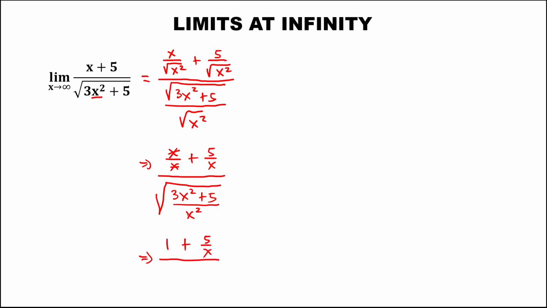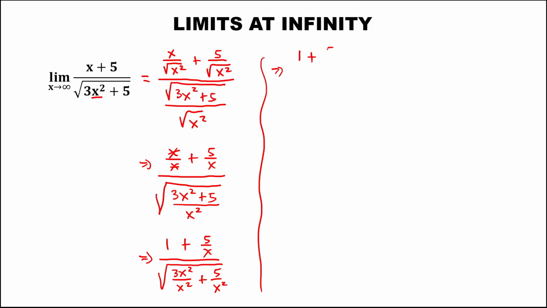So distribute this denominator to every term. So this is 3x squared over x squared, plus 5 over x squared. Then to simplify, we have 1 plus 5 over x, then over the square root. We can cancel this x to the power 2.